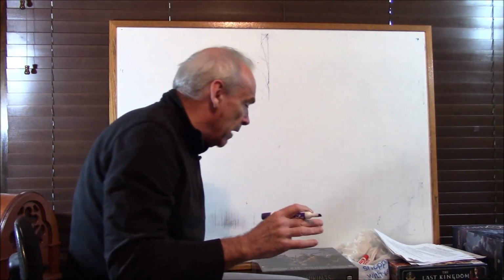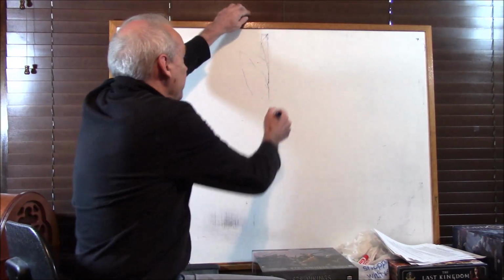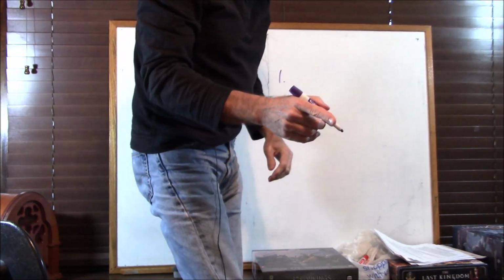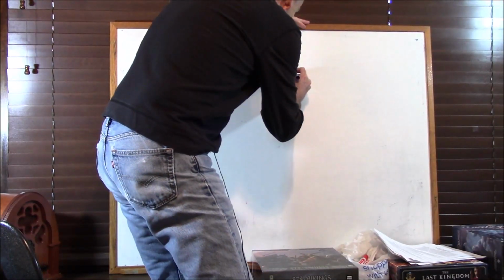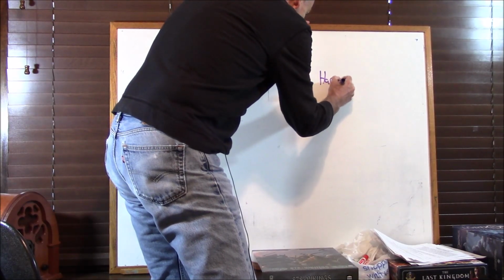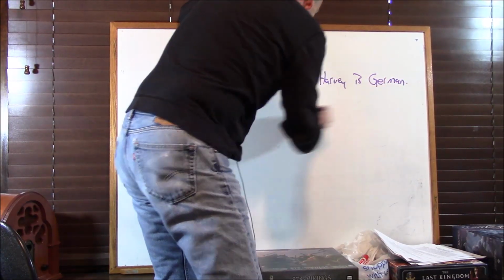And in order to think about this, we want to start with what is an argument. Right, an argument is a series of premises that lead to a conclusion. For example, let's see, I don't want to use the same one I had there. John Harvey is German.